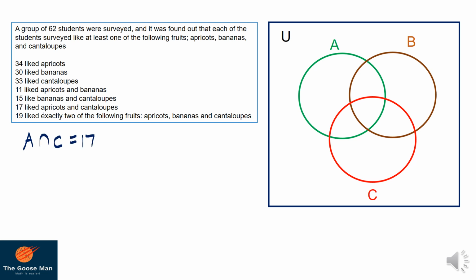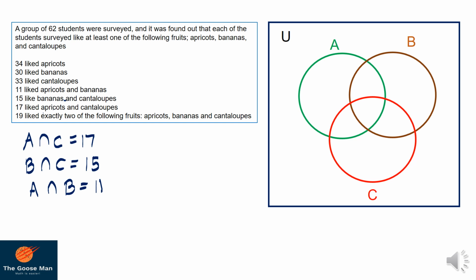Next, 15 like bananas and cantaloupes, so bananas intersection cantaloupes is equal to 15. Next, 11 like apricot and bananas, so apricot intersection bananas is equal to 11.